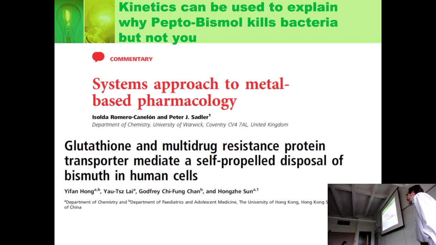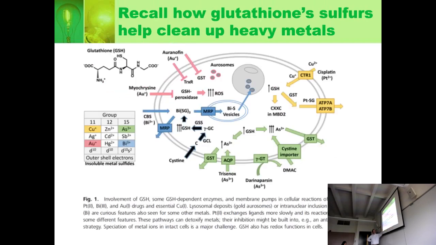Glutamine, gluten, those are a little bit confusing sometimes. But it's glutamine and sulfur. I'm not sure which glu it is. But basically, glutathione has a part in detoxifying your cells from heavy metals. Because you have good glutathione and it can respond to the bismuth, Pepto-Bismol is no problem to you.